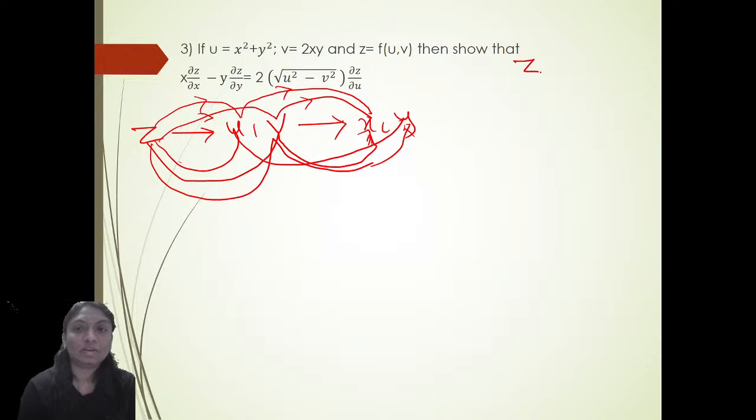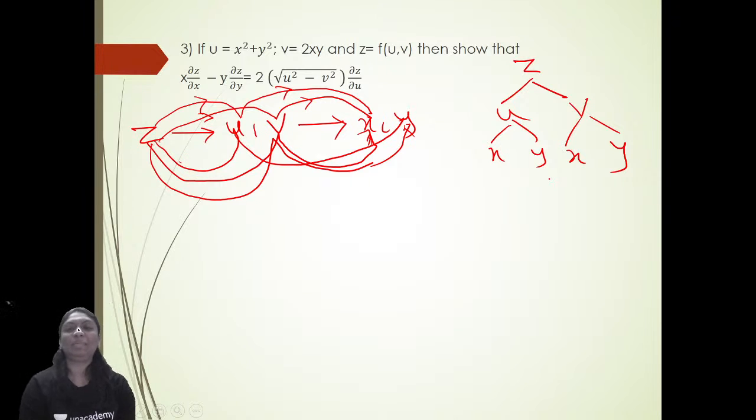See here, easily you can say that z is a function of u and v, which are functions of x and y, right? So if you want ∂z/∂x, then you must first evaluate using the chain rule.